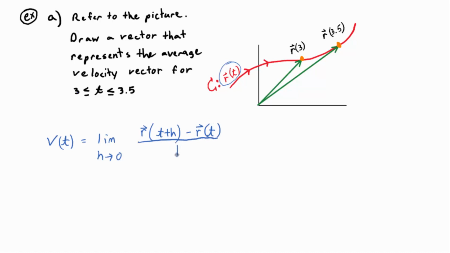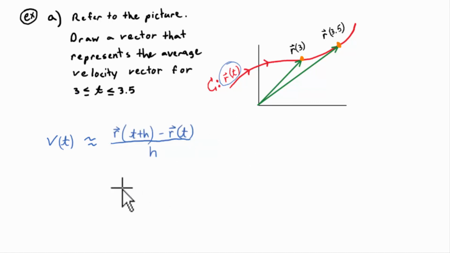What do we do with this formula if we want it to be approximate? What do we lop off? When we lop off the limit, we change it to, for small h, v of t will be approximately equal to that vector difference quotient, right? This is for small h.